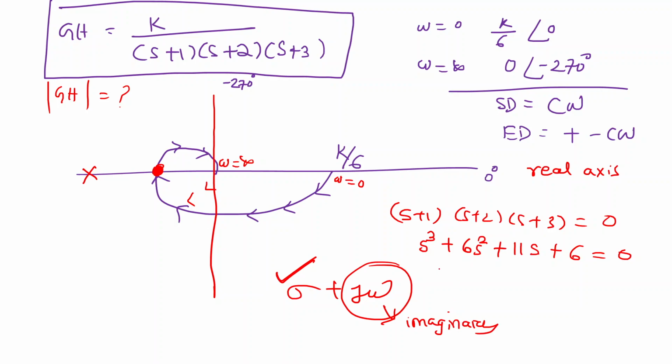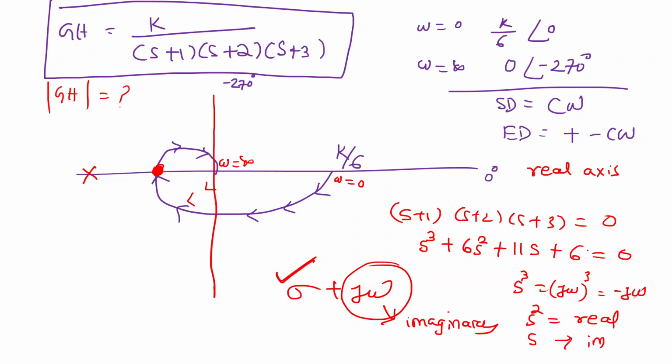But remember which terms are giving the imaginary part. Remember, s cubed: if I put s equal to j omega, then s cubed gives me minus j omega cubed, right sir? 6s square means this is a square term. A square term will give you a real part, right? Again, s will give you an imaginary part.